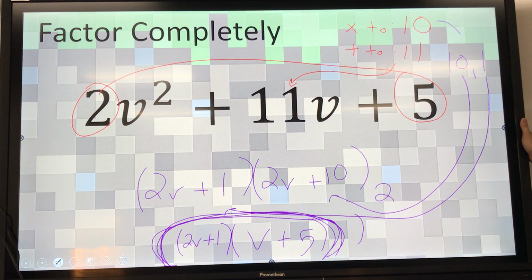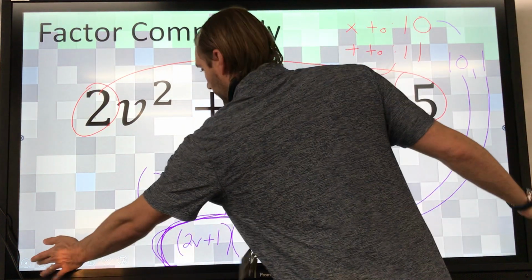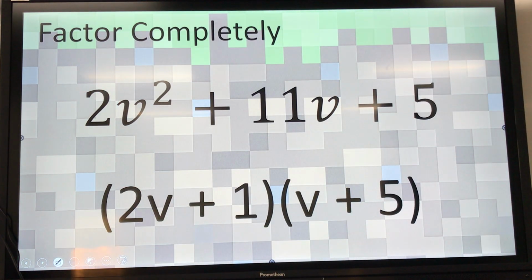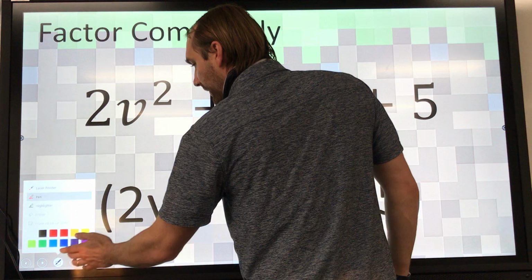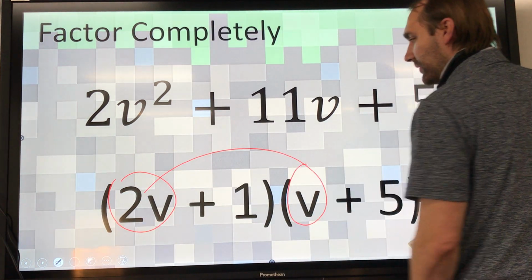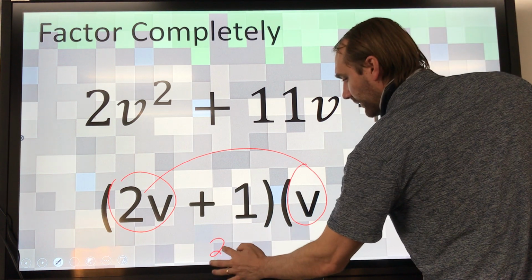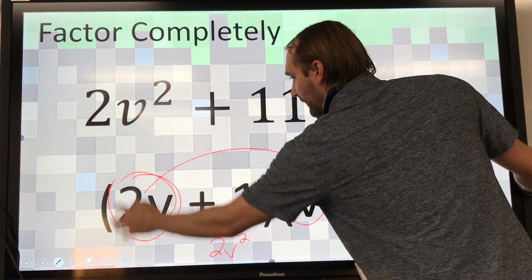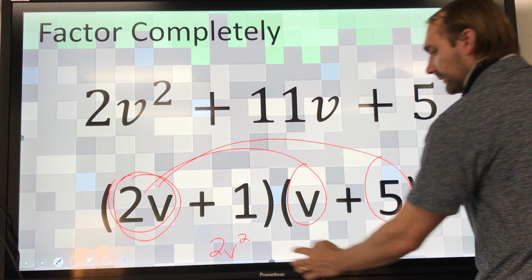Like yesterday, but with some extra steps that hopefully aren't too bad. And it factors into that. Again, remember yesterday, you do have the option to check your work. So 2v times v, distributing here, is 2v squared. 2v times 5 is 10v.